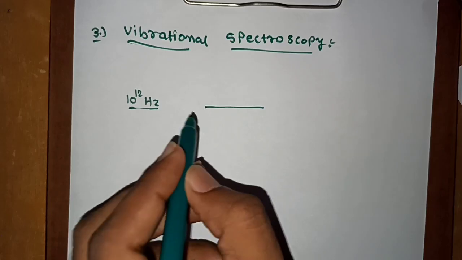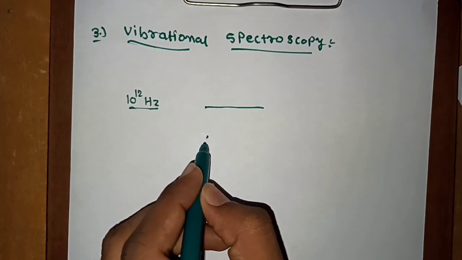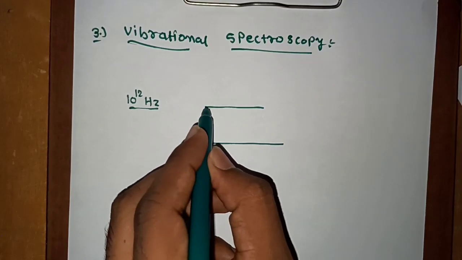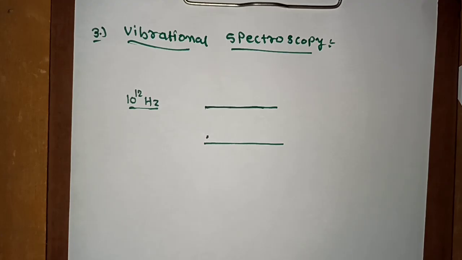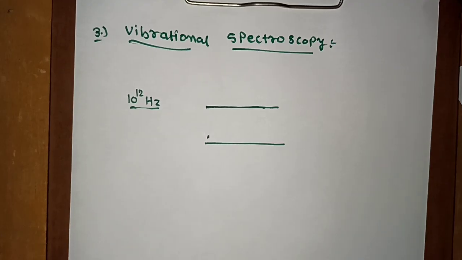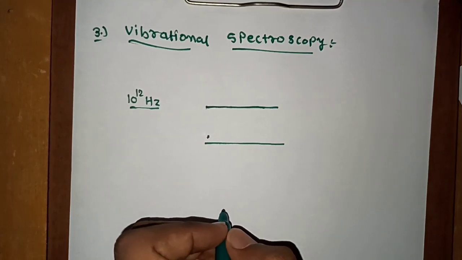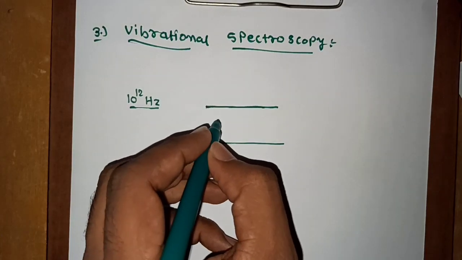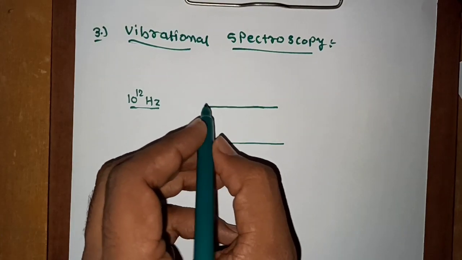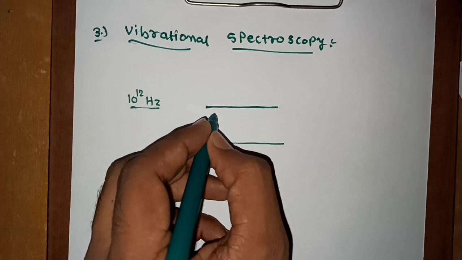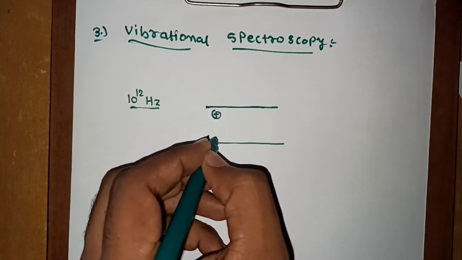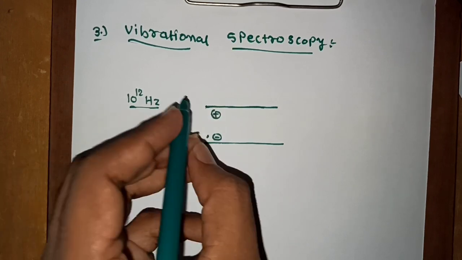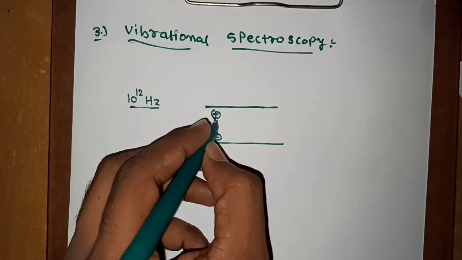Same example, now what is going to happen? Suppose the molecule is non-rigid, meaning the bond is like a spring. Like the plus one is here and the minus one is here. Okay, and the bond is going like a spring.